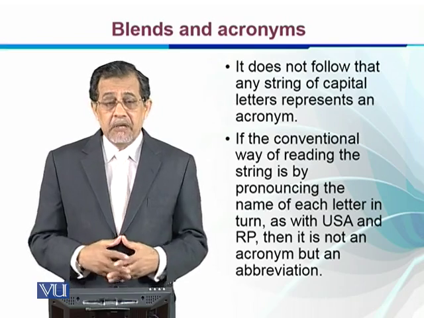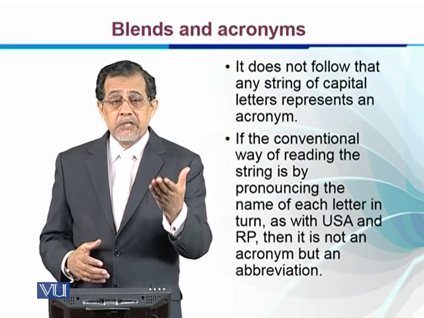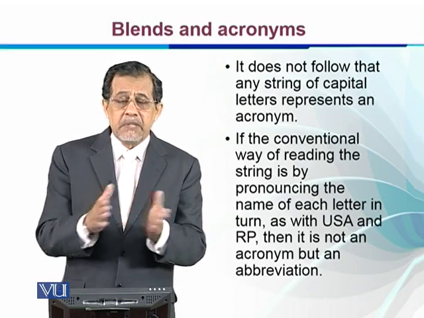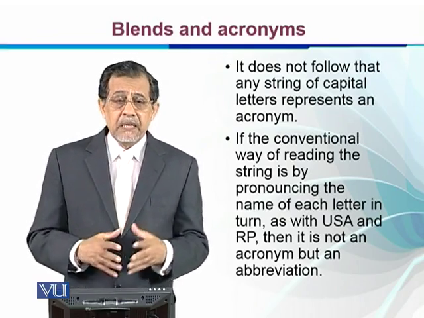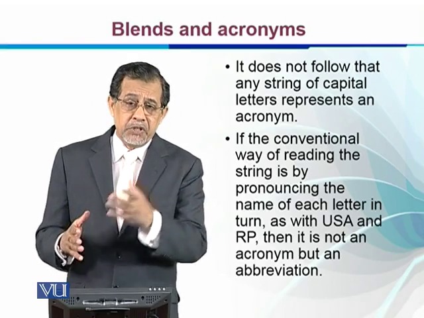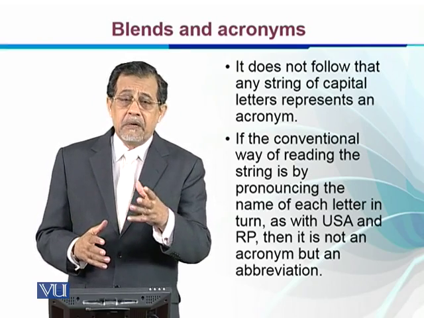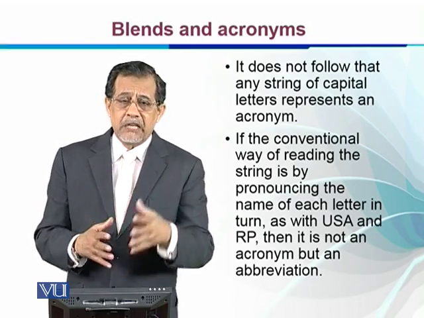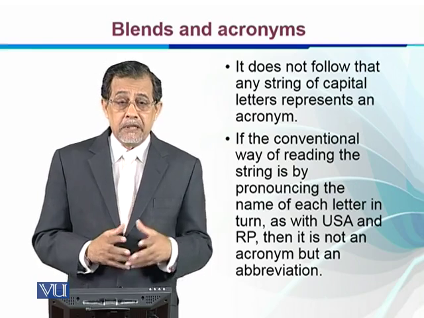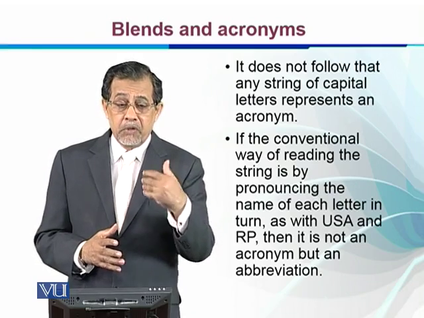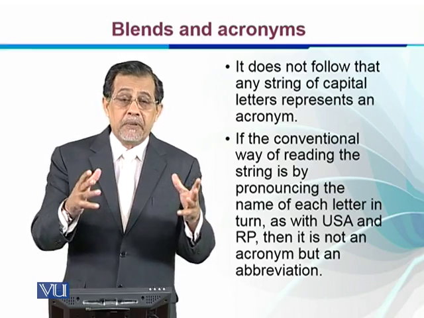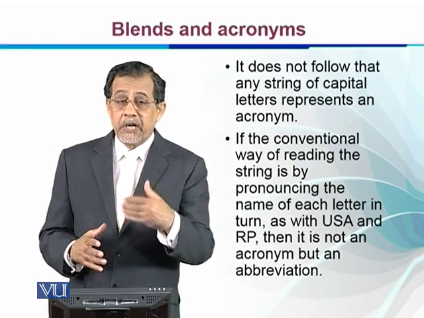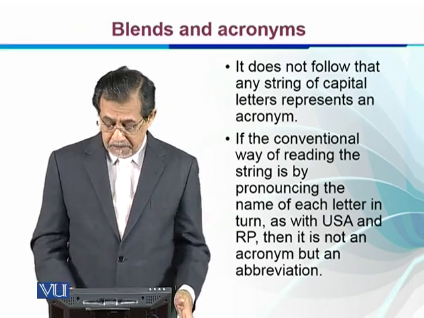For example, we have the letters USA, United States of America. So we pronounce them separately. Similarly, RP, received pronunciation, the pronunciation of the BBC English or the elite class of Londoners and of royal class and of literate people. So they are called abbreviations instead of acronyms.